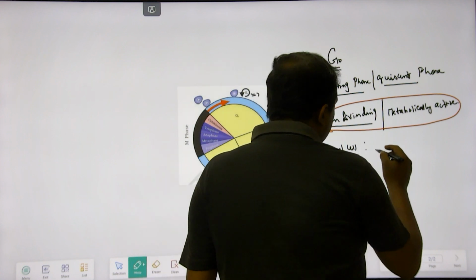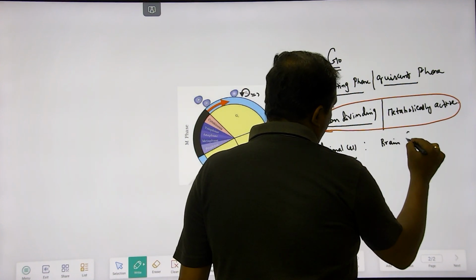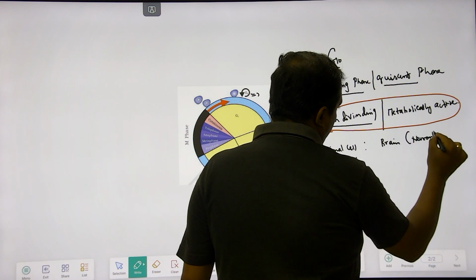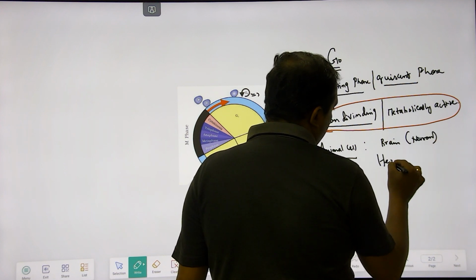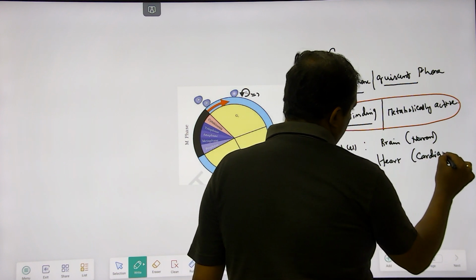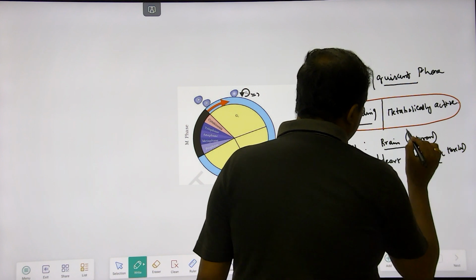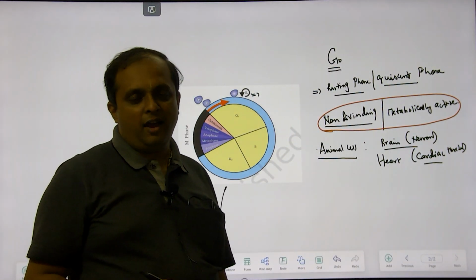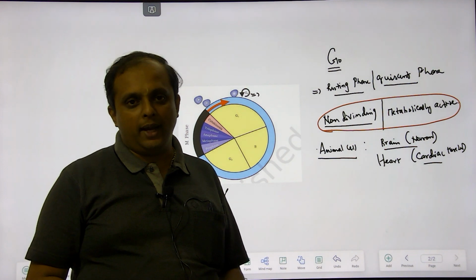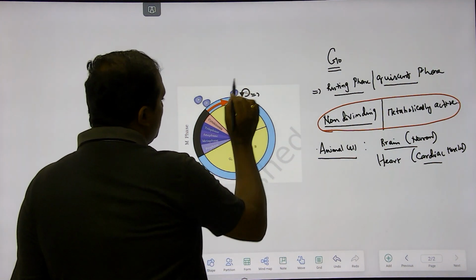We have two cell types in humans: one is the brain, which is made up of neurons, and the heart, which is made up of cardiac muscles. These two cells generally don't divide after birth. So these two cells in humans are known to be present in the G0 phase.